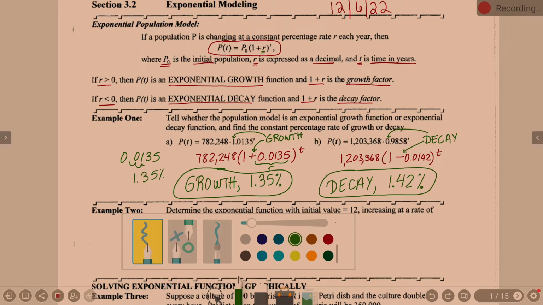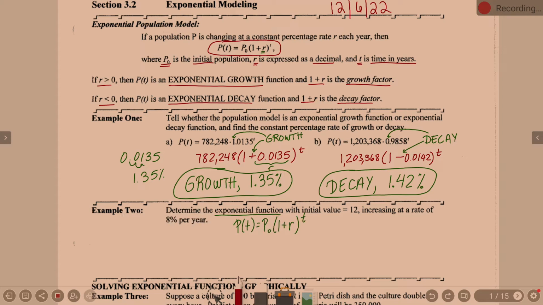Now, what was provided here? You have your percent. Get rid of percent. My percent is 8%. What's going to go in my equation, though? 0.08. Move that decimal 2 places.